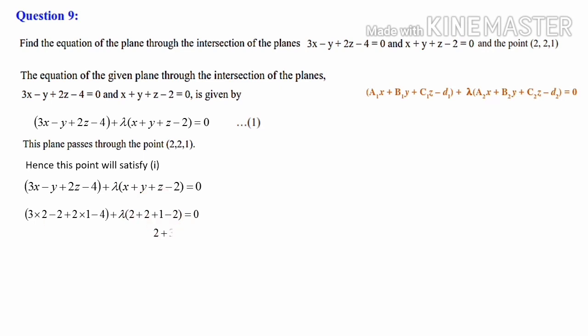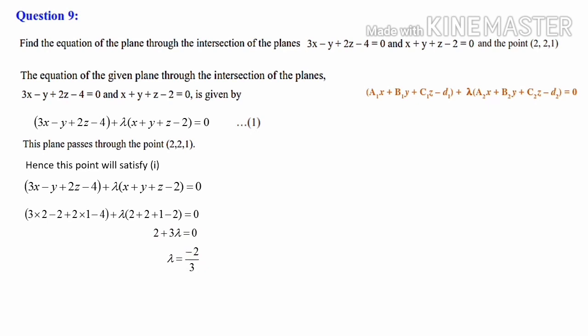Go for the calculation, that is 2 plus 3 lambda. Here, 3 into 2 is 6, 6 minus 2 is 4, 4 minus 4 is 0, so only 2 into 1 remains, which is 2. Inside the bracket, plus 2 minus 2 cancel, 2 plus 1 is 3 lambda equal to 0. So lambda is equal to, 2 goes to the right side, minus 2 divided by 3. We have got lambda.